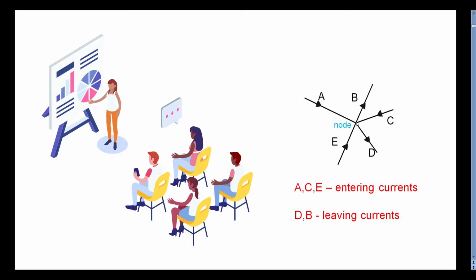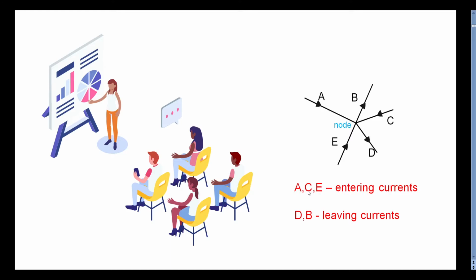Now you have to apply KCL at this node. So what is the statement of KCL? Sum of the entering currents is equal to the sum of the leaving currents. Now identify the entering currents to this node. A is the entering current, C is the entering current, E is the entering current. 3 currents are entering here.